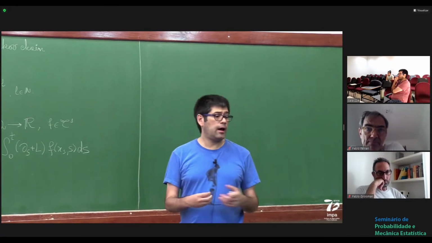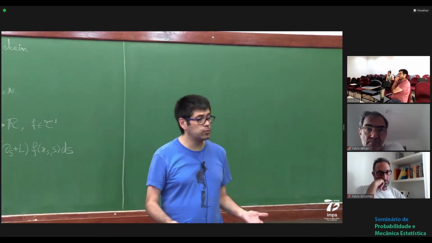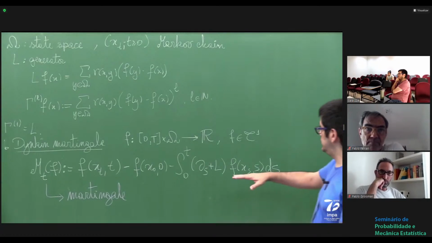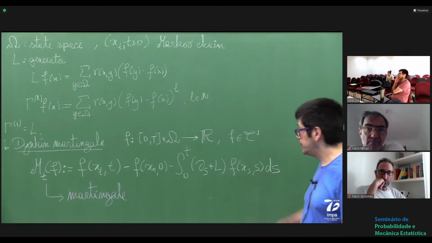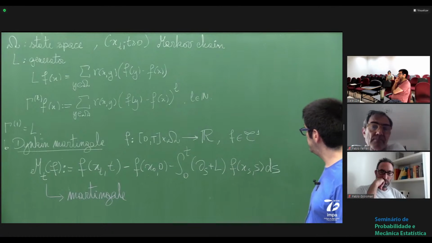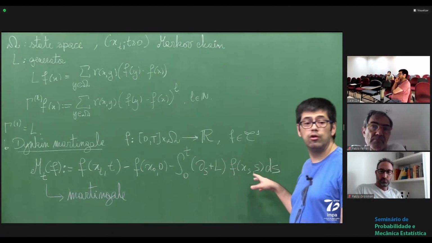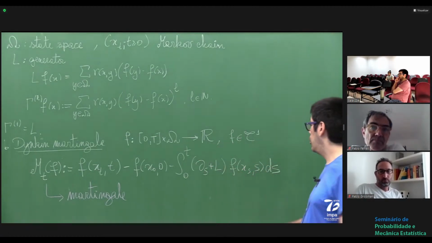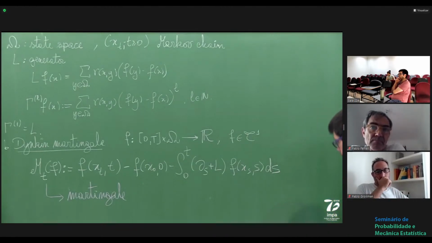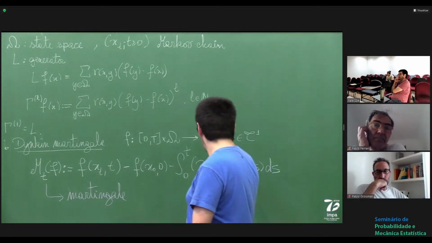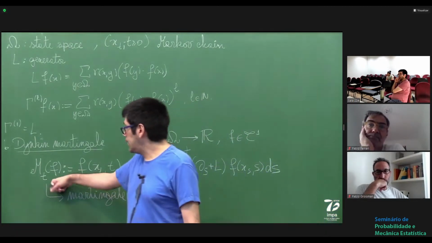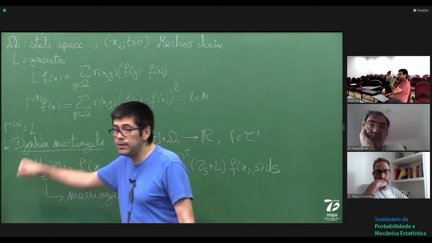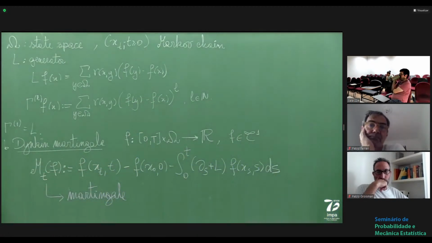And then a popular way to try to prove that is to write down this martingale equation and somehow to show that maybe this is small or this is controllable in some way, or it satisfies a functional identity. So it's a function of f again. And this guy here is a martingale. And being a martingale, you have classical theorems that tells you that martingales are close to Brownian motion.